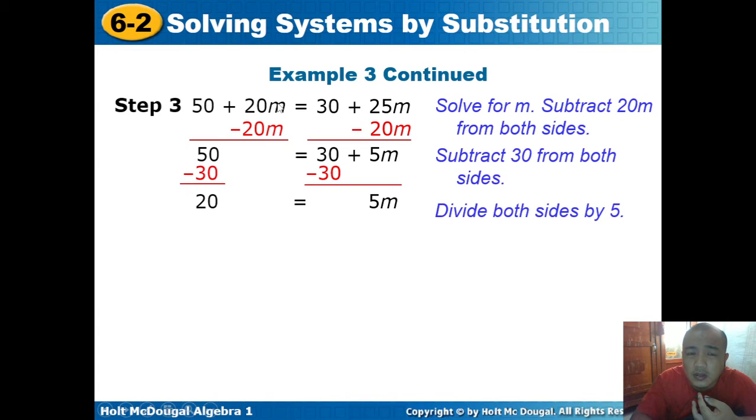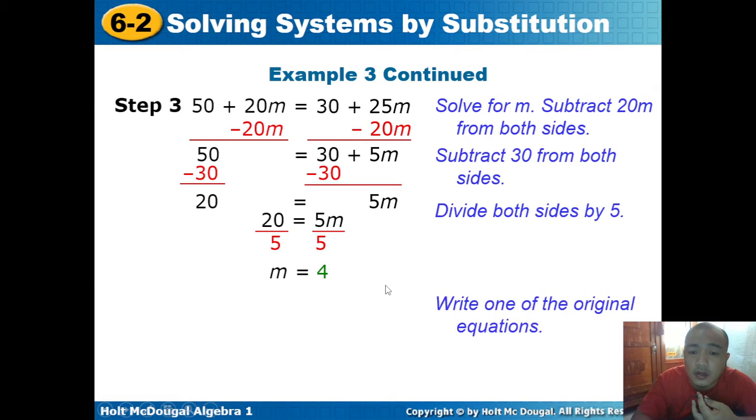Or simply, 25M minus 20M is 5M, and 50 minus 30 is 20. Transposition. Divide both sides by 5. M is 4.